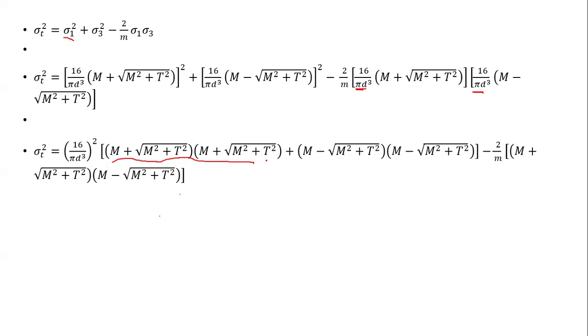And having done that, I can do the same for the next one, which is carrying a minus. So m minus under the root of m squared plus t squared, everything in the brackets, open brackets again, m minus under the root of m squared plus t squared, brackets. Then we close the square brackets there.